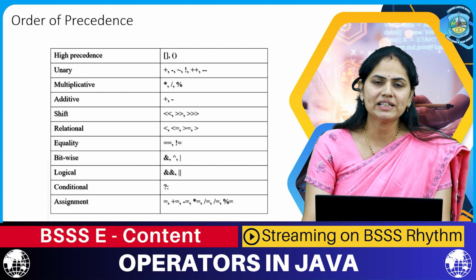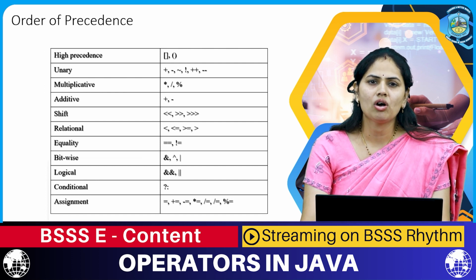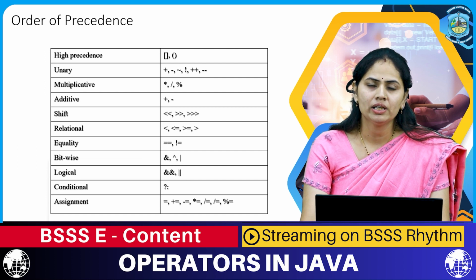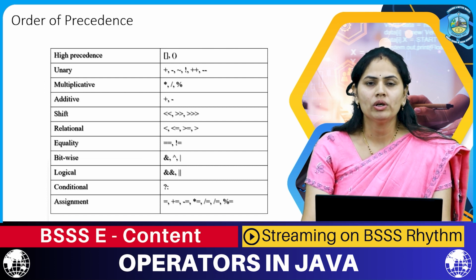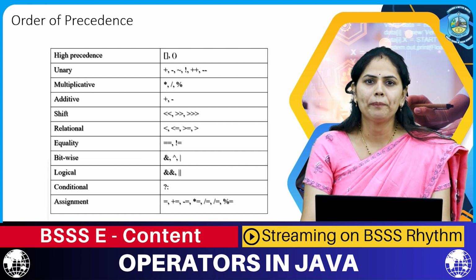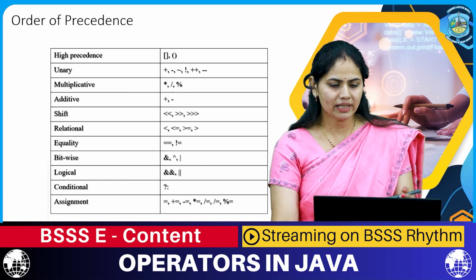Next we have the precedence of operators. Whenever we solve any mathematical equation, it has some precedence. So, in programming also every operator has precedence. That is how precedence is declared here.